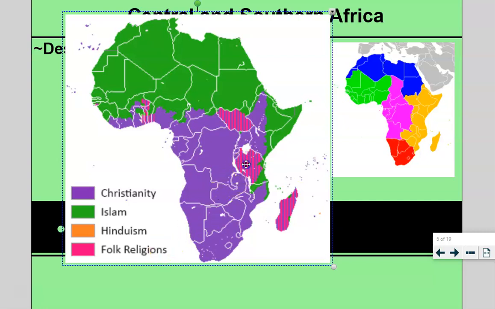And then you've got the folk religions, more of like the tribal polytheistic religions. You can see they're mixed in some areas, right? So lots of diversity in East Africa. Very Islamic in North Africa, Central and South Africa, very, very Christian. So Christianity is the predominant religion in this area.